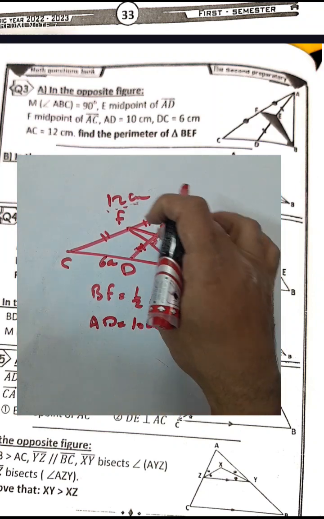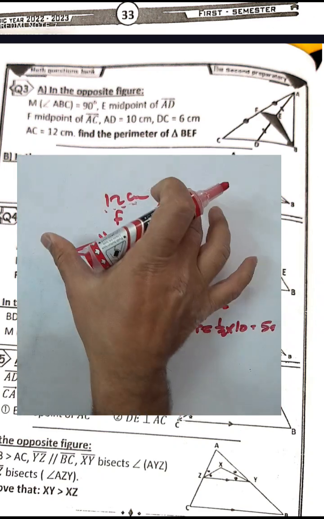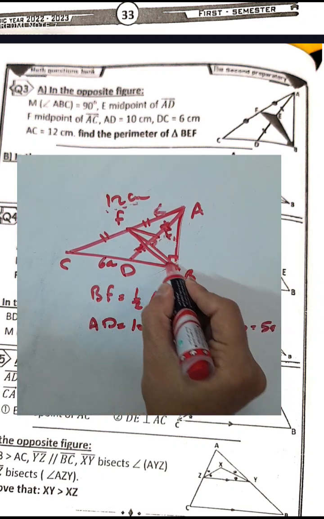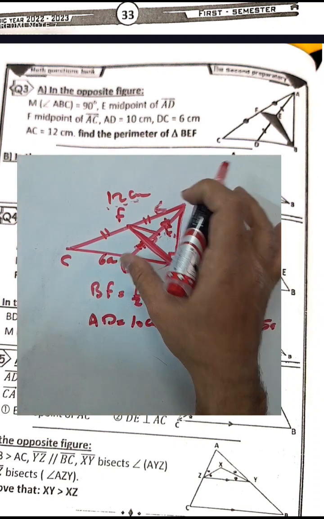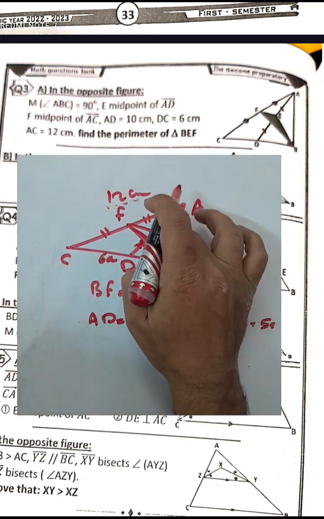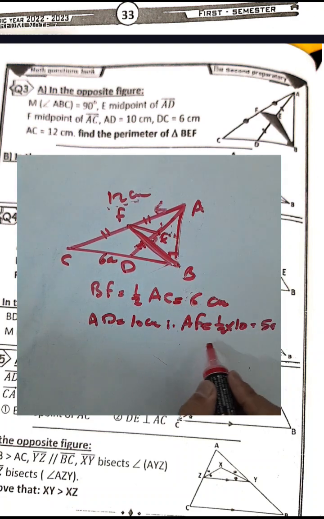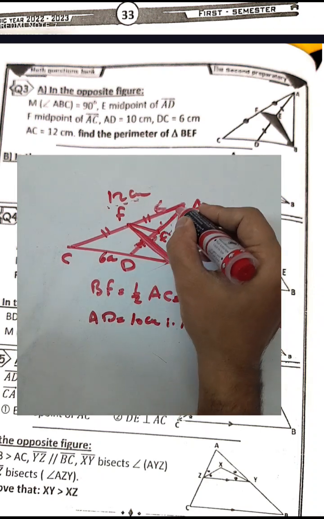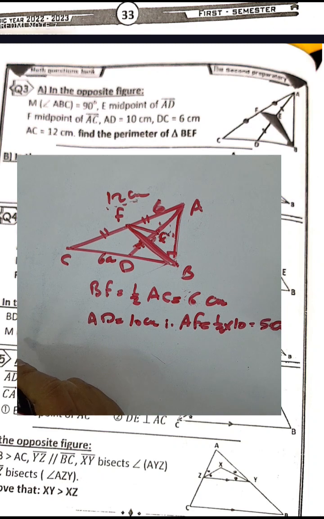Then FB will be 6 because it was 12. Then the side length will be what? Will be 6. And AD, he gives us 10. Then AF, this part will be what? 5 centimeter. We have 5 centimeter, and here 6 centimeter.